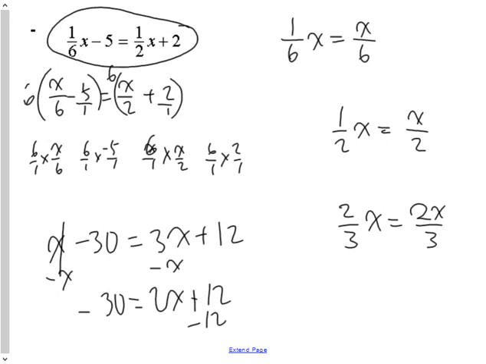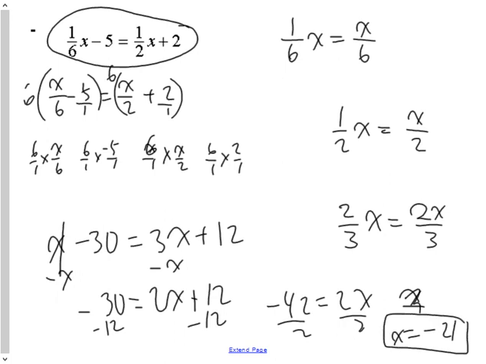Subtract 12 from both sides. Negative 42 equals 2x. Divide both sides by 2, and x will equal negative 21, or negative 21 equals x.